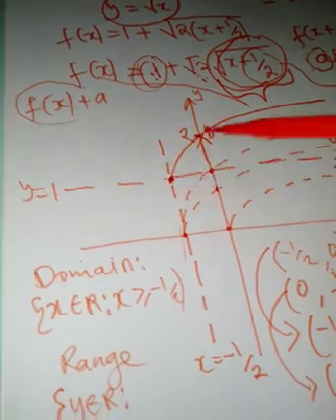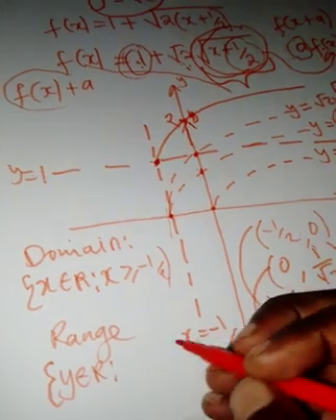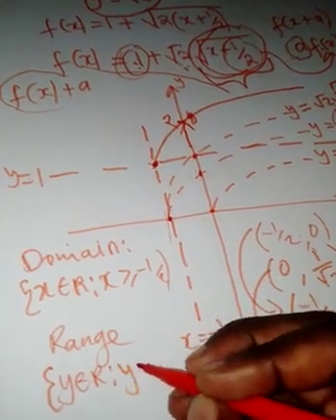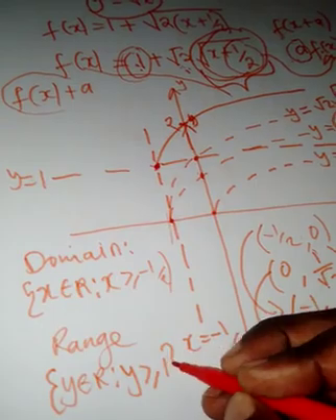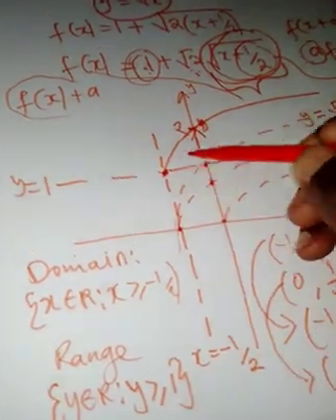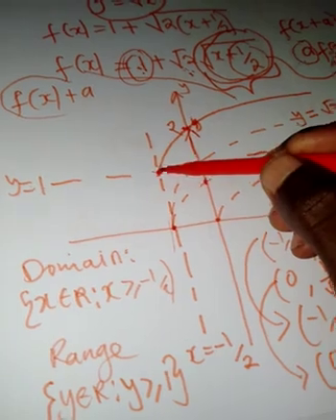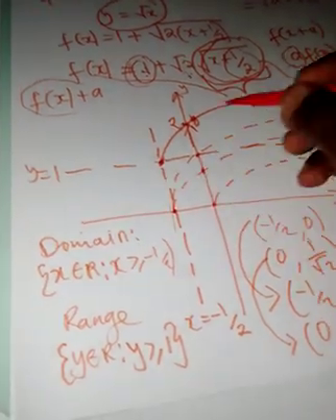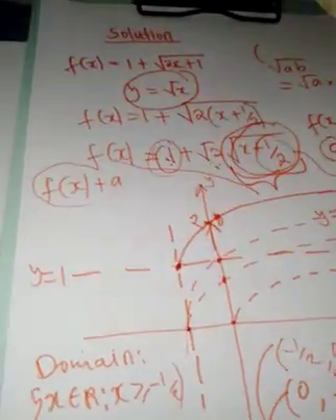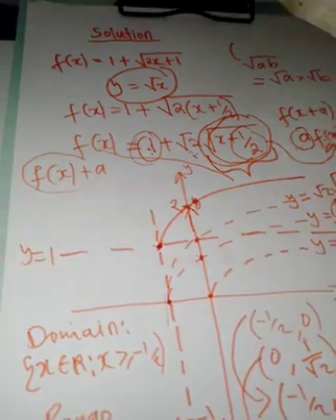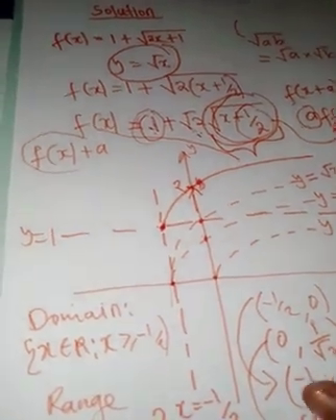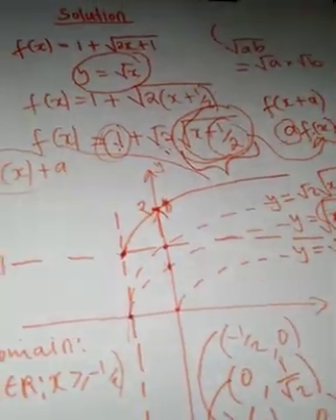So y is greater than or equal to 1, since even this one is part of the graph. That's it. So that's how we go about sketching that one using those transformation rules.